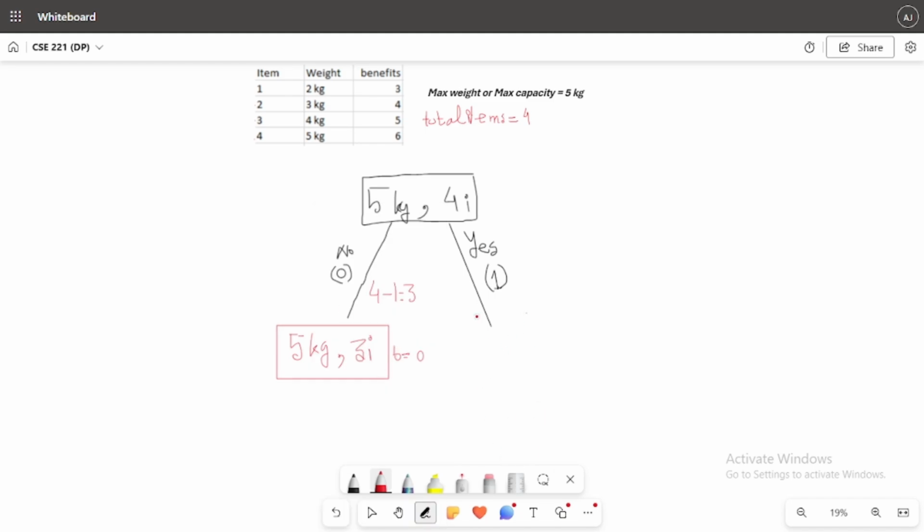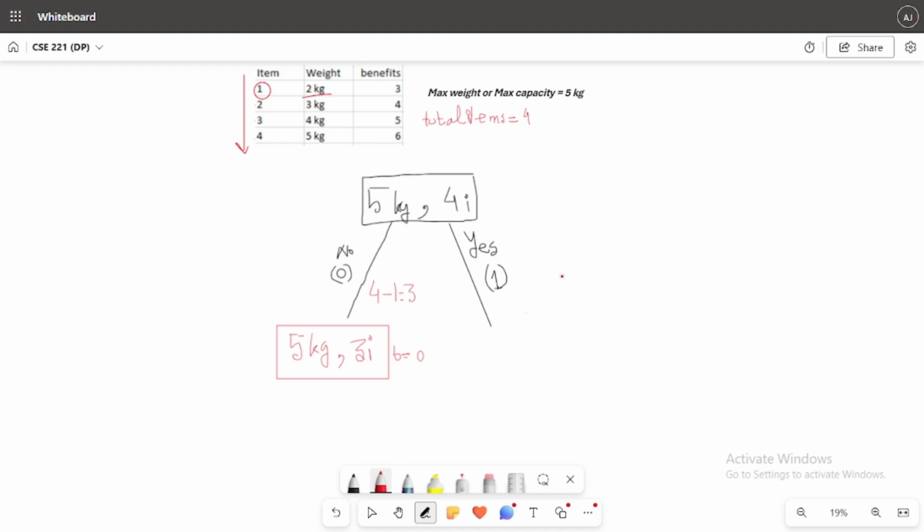Now, if we pick the item, what I have told you before is that we will go from up to down, right? So firstly we will choose item number 1, which is 2 kg, right? So what is our total weight? Our total weight is 5 kg, right?